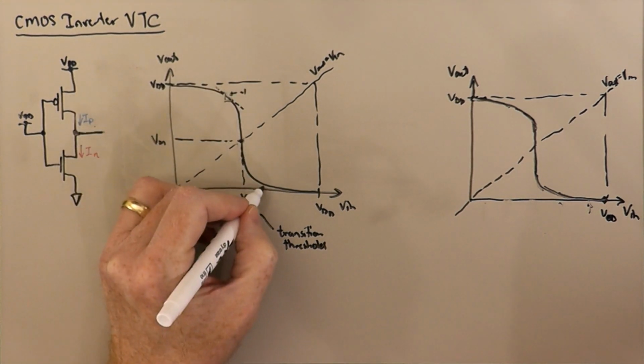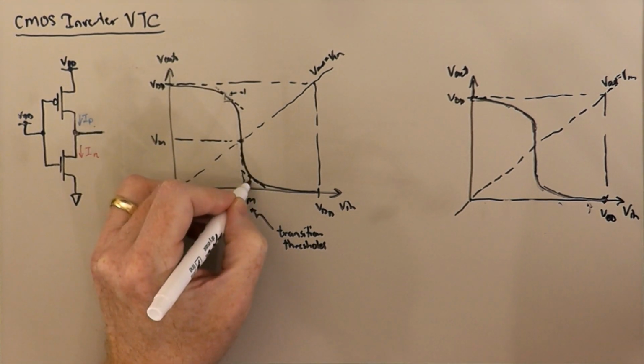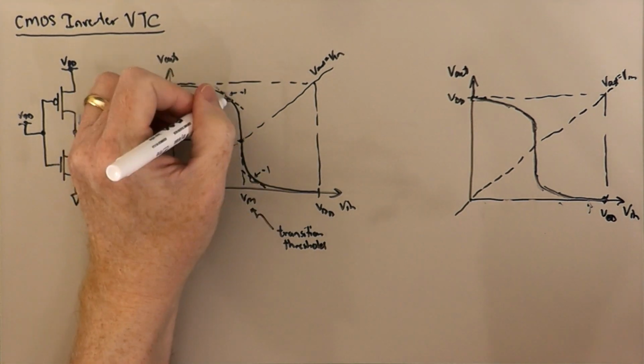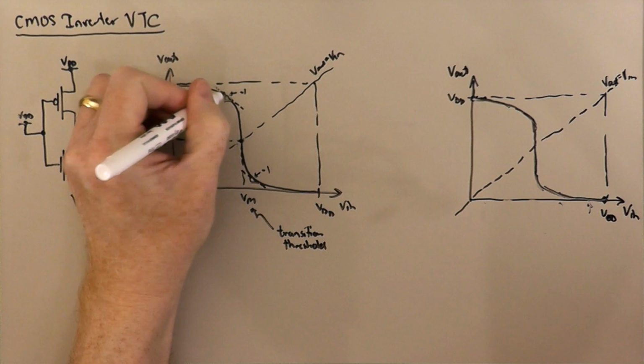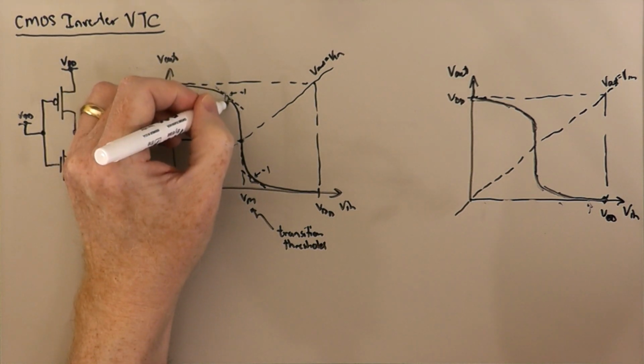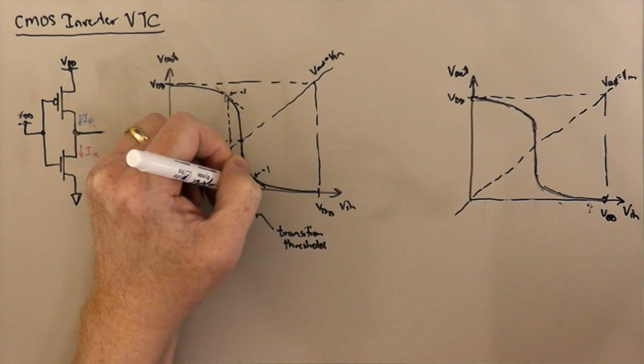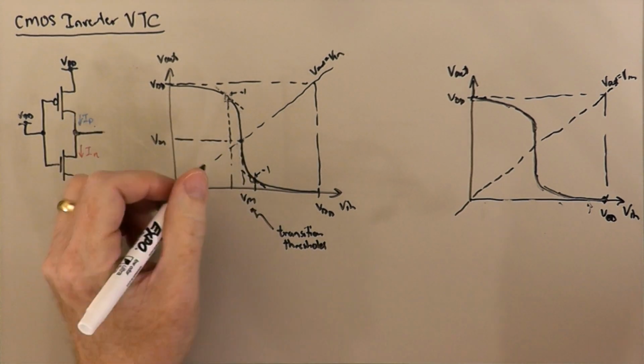And there will be another point down here where the slope of the tangent line is -1. And those are special points. So those points where that slope of the tangent line is -1.